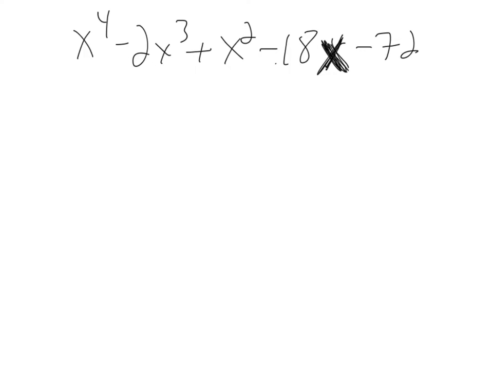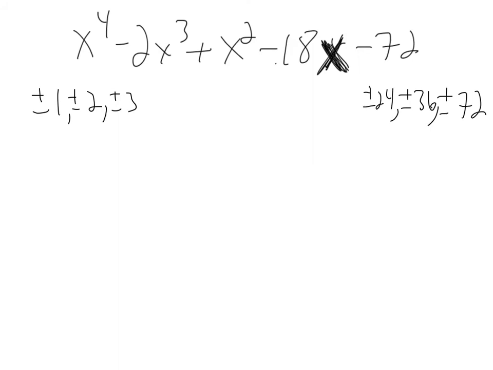So what I'm seeing is the 72, so I've got to come up with minus 72. So plus or minus 1, plus or minus 72. Then it can be plus or minus 2 and plus or minus 36, and plus or minus 3, which is plus or minus 24.